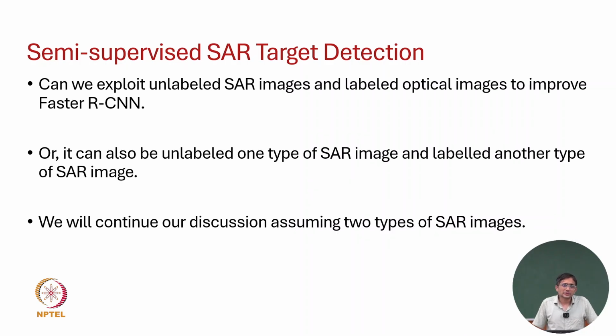Another way to ask the same question is that we are not necessarily thinking of transferring knowledge from optical images. We may alternatively transfer knowledge from another type of SAR image, let's say another band of SAR.